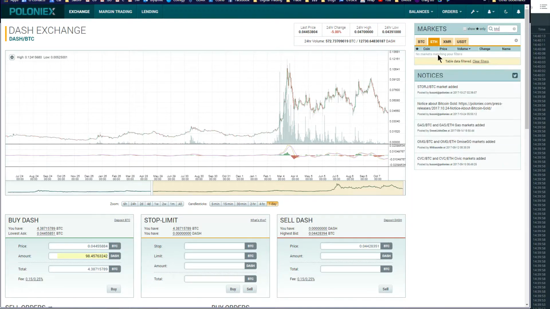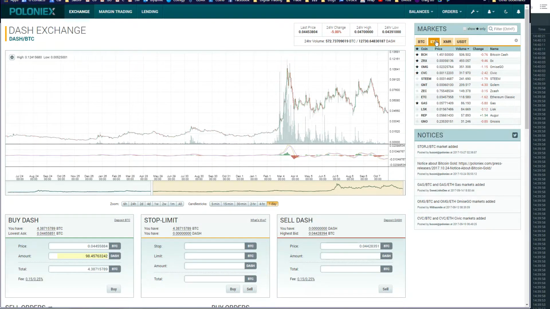I remember having to take some of my Ethereum and buy something else, and then go back to Bitcoin, because Ethereum and Bitcoin don't trade back and forth on Poloniex. So each exchange is a little bit different. I'm sure that Bitfinex is probably very similar to this.